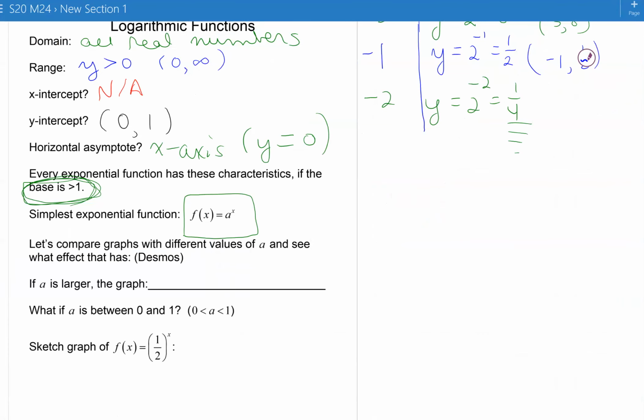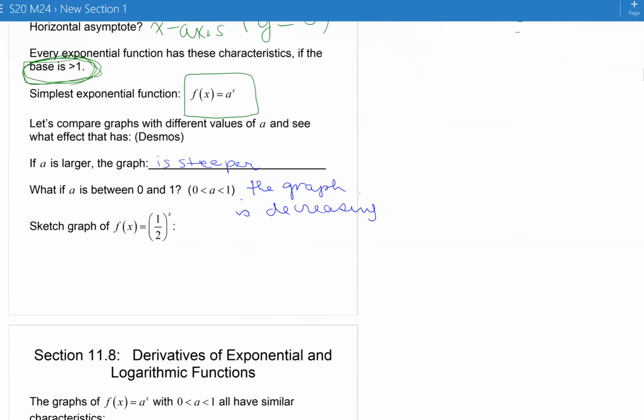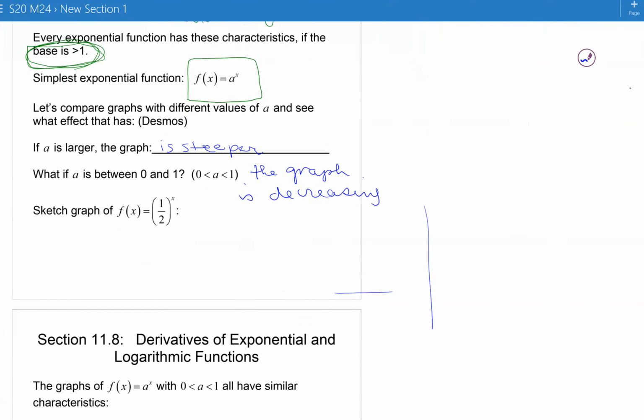So if a is larger, the graph is steeper. And if a is between 0 and 1, the graph is decreasing. So we saw, for example, 1/2 to the x looked like the reflection of the 2 to the x graph.